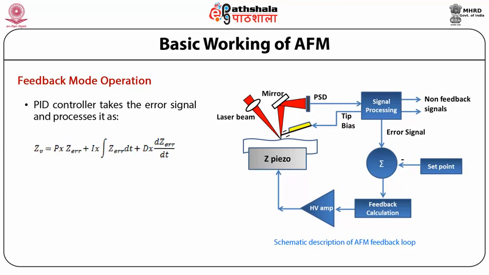The most common form of feedback control for AFM is the PID controller, consisting of proportional (P), integral (I) and derivative (D) controllers, and it takes the error signal and processes it as Z output of the feedback controller, which is equal to P times the Z error plus I times the integration of the Z error dt plus D times the derivative of the Z error by dt, where P, I and D are the gain settings appropriately selected for tracking the surface by the probe as it is scanned.